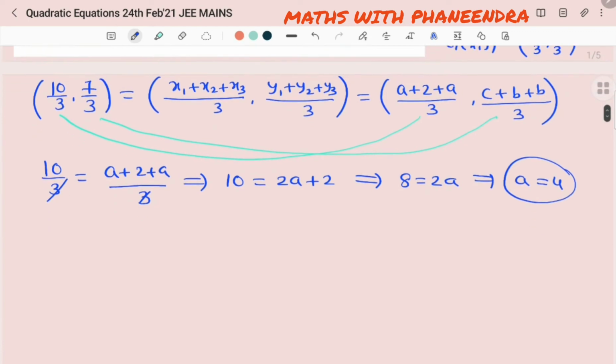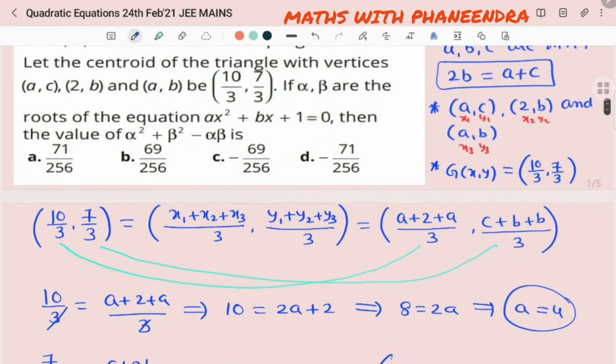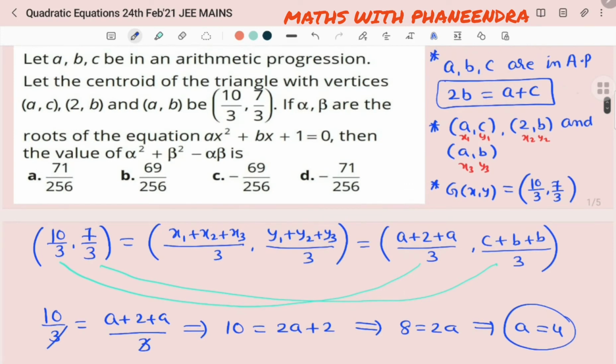In the same way, comparing y coordinates, 7 by 3 is equal to c plus b plus b, that means c plus 2b by 3. 3 gets cancelled. That implies 2b plus c is equal to 7. Since we have the formula 2b is equal to a plus c, now here we can use this result, dear students.